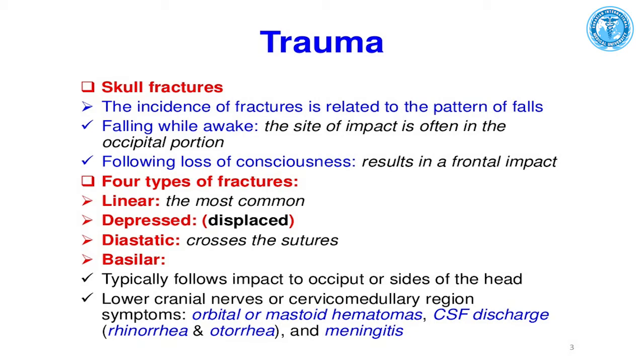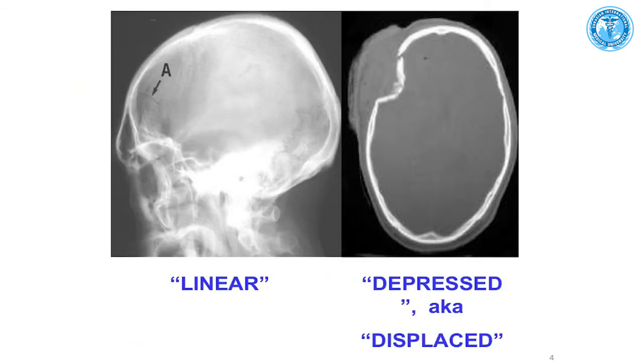Symptoms are orbital or mastoid hematomas, cerebrospinal fluid discharge, rhinorrhea and otorrhea, and meningitis. In this slide you see a linear fracture and a depressed or displaced fracture.